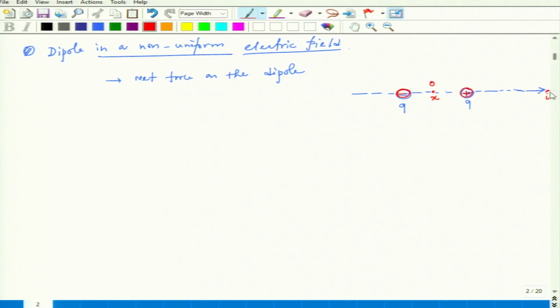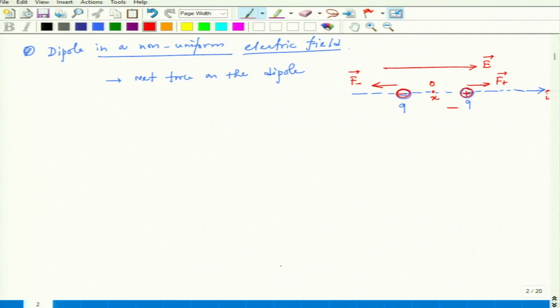The force on the positive charge is in this direction, along the electric field vector, and this electric field is not uniform, it depends on the position x. The force F plus on the plus q charge is along i cap, along the E vector, and on the negative charge, F minus is opposite to the E vector.